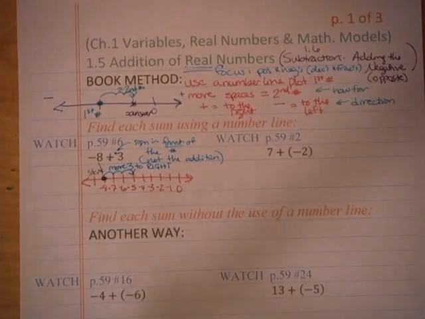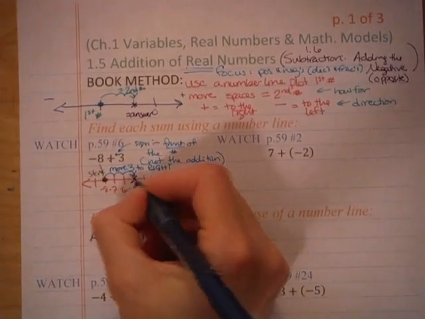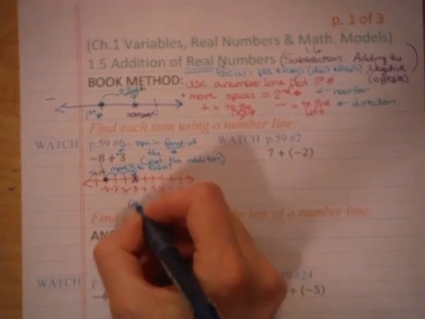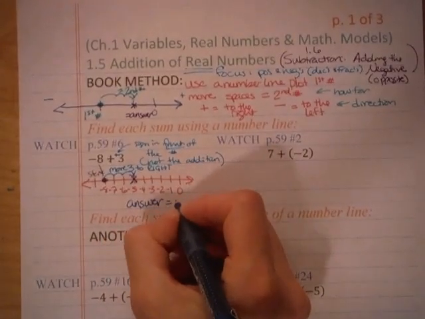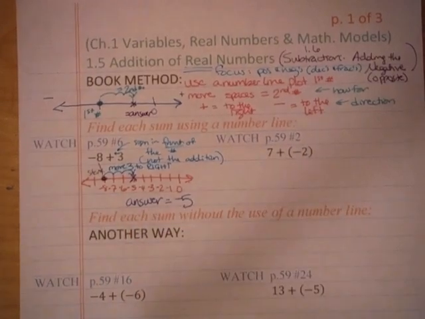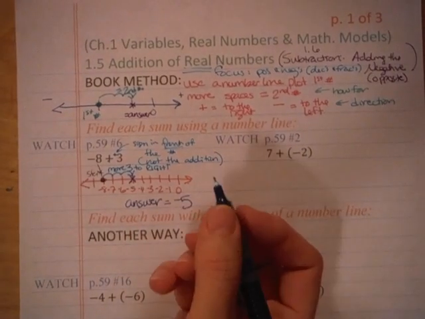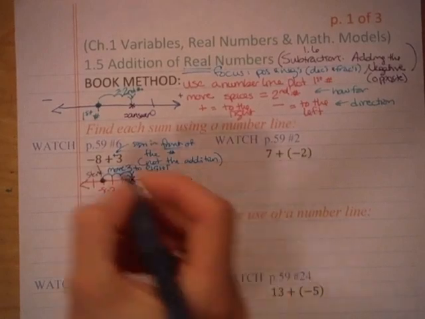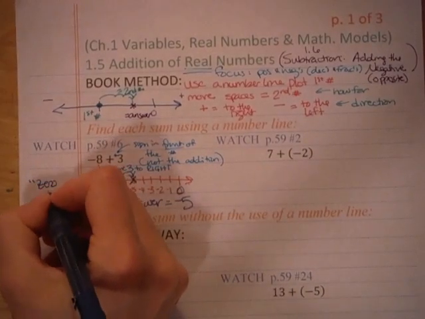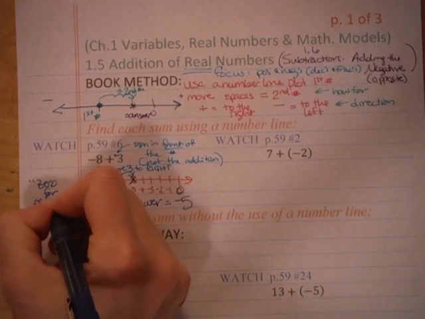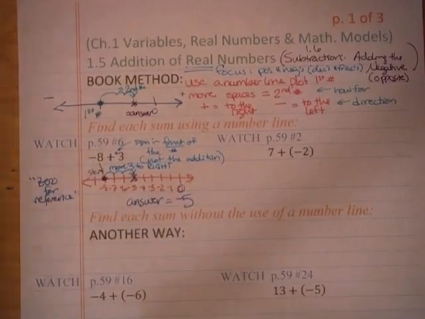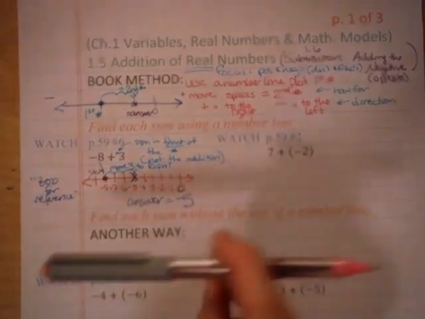Where we land is our answer. We landed right here at -5. And just a reminder, I always put 0 in there for reference. It's just a way to keep in perspective where things are.